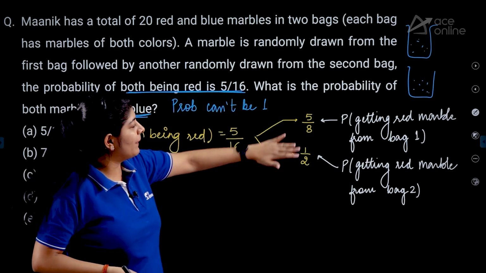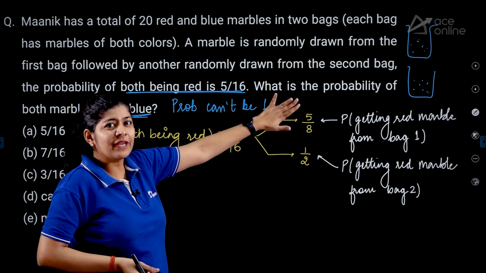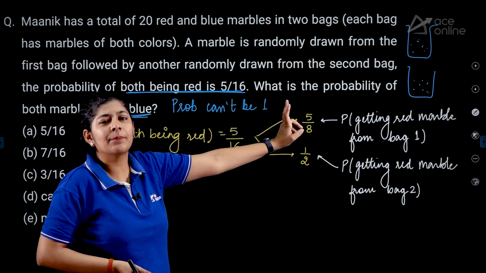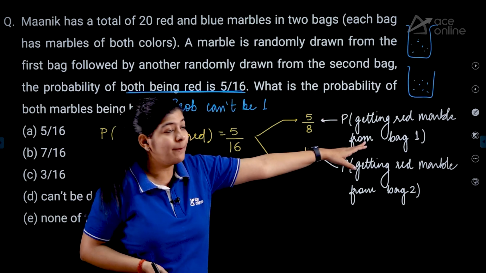If this is the probability of getting a red marble from bag 1, we can simply subtract it from 1 to get the probability of getting a blue marble from bag 1.